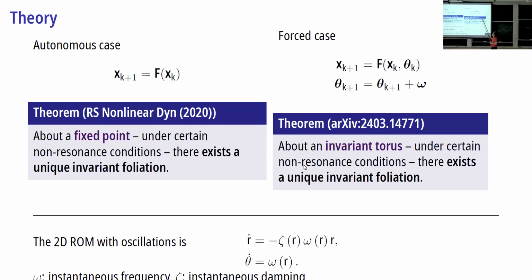So you can see this skew-symmetric dynamics where you have a map that's being forced with the dynamics on a d-dimensional torus. And in that case, you have the exact same statement, but now the foliation is about an invariant torus. So in mechanics, where I'm working, we tend to reduce things into two-dimensional manifolds where we have oscillatory dynamics.